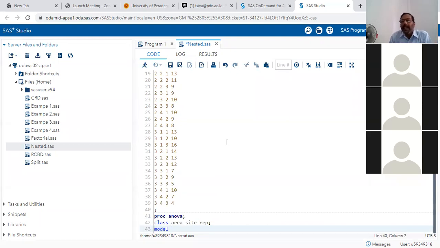Can you tell me what the components in the model are? How many factors are involved in this nested design?